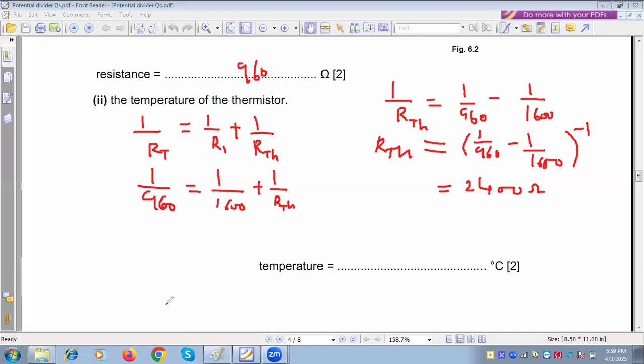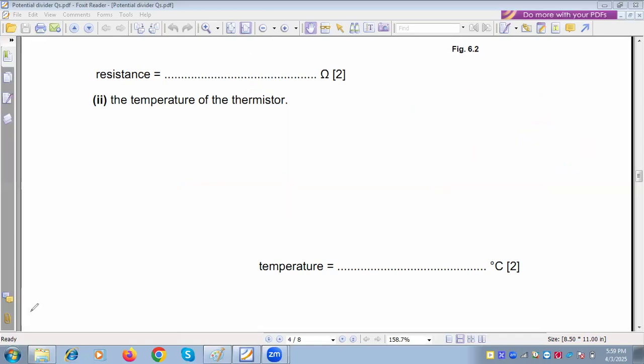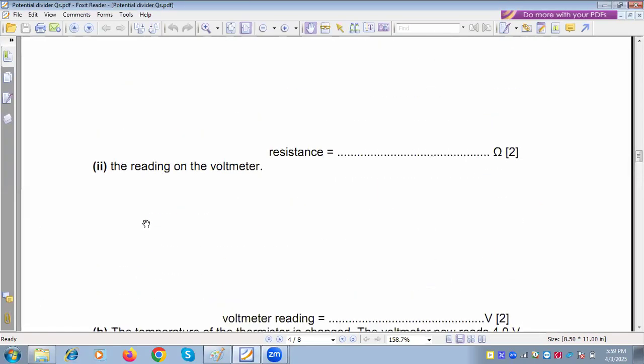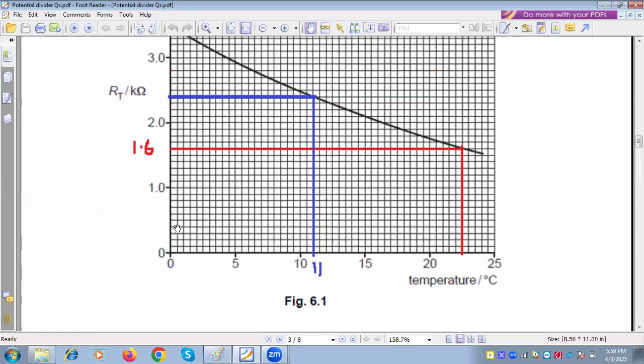So the resistance of the thermistor is 2400 ohms. Let us see the temperature. I've already marked the values. This is 2 kilo ohm and this is 3 kilo ohm. So 2.1, 2.2, 2.3, 2.4 kilo ohm means 2400 ohm, and this is 11 degrees Celsius.